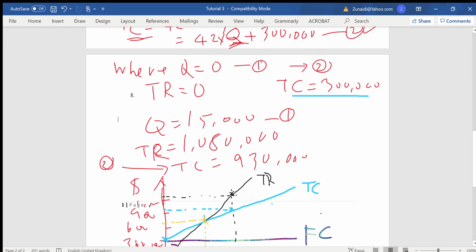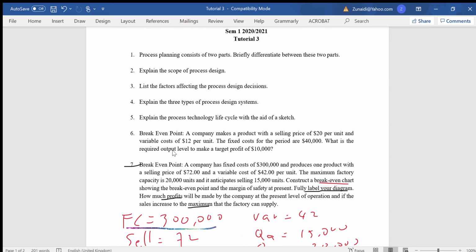Alright. I think you can also do question number 6, because this one already did in the tutorial session. So this one just calculates the break even. So break even BE equal, for number 6, break even equal total fixed cost.